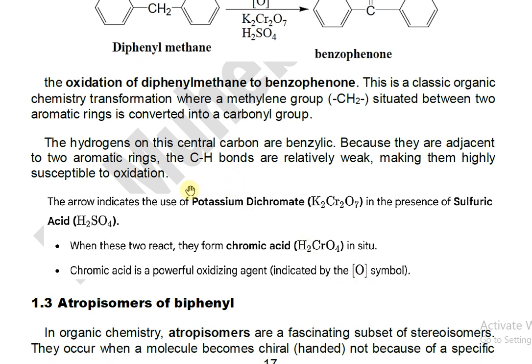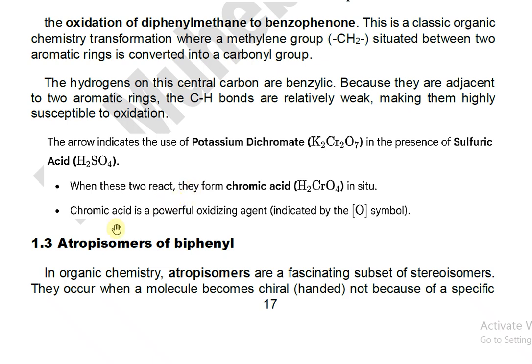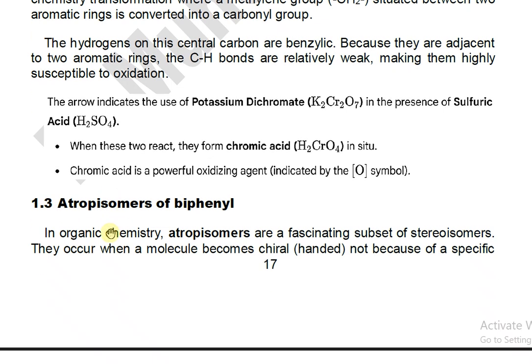So we have a related subject for the diphenyl compounds, which is atropisomers. This is also related to biphenyl compounds. What do atropisomers mean? Inshallah, we will talk about it here. So in organic chemistry, atropisomers are a subset of stereoisomers.